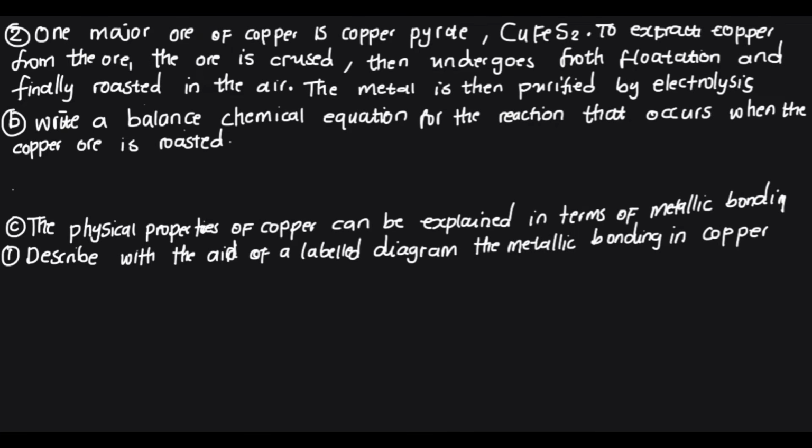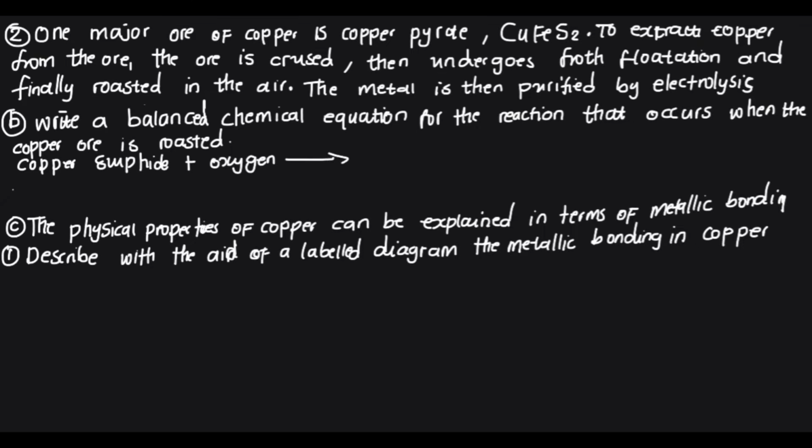Question B now: write a balanced chemical equation for the reaction that occurs when copper ore is roasted in air. At this stage we have copper sulfide. Roasted in air, we react copper sulfide with oxygen.